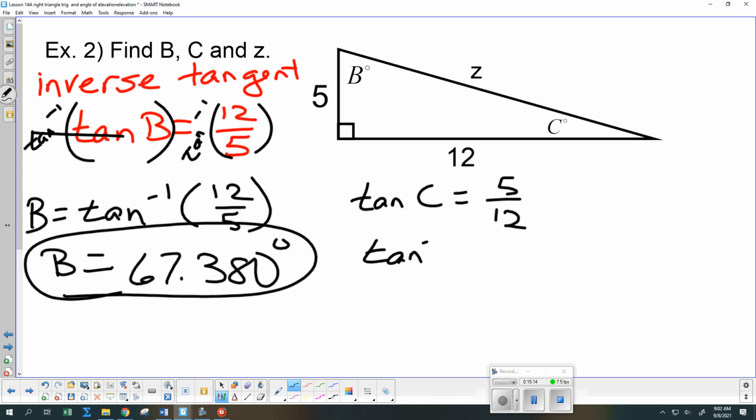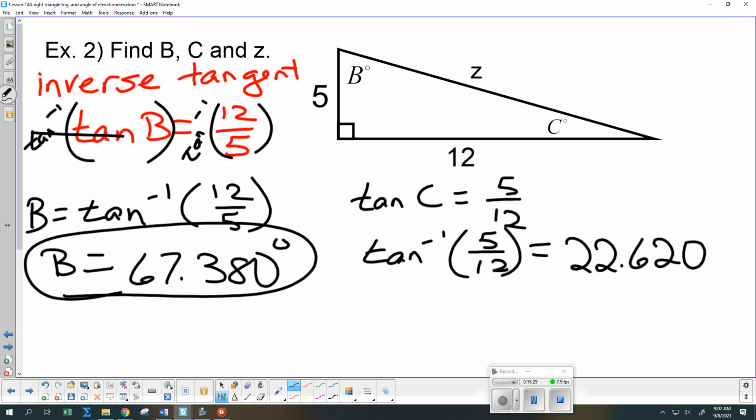Punch in the inverse tangent of 5 over 12. And what does that give? 22.620. And since this one had degree signs on there, I didn't really need them, but pay attention to if you need to label the degrees on these as you're doing. Quick check, do those look like they add up to 90? So we think we're on the right track.